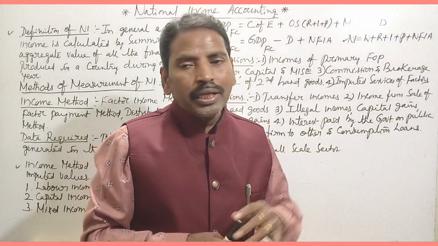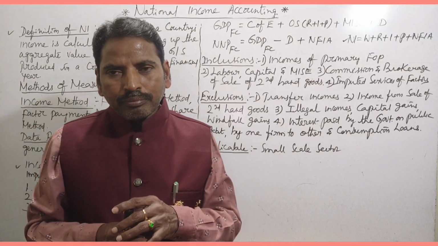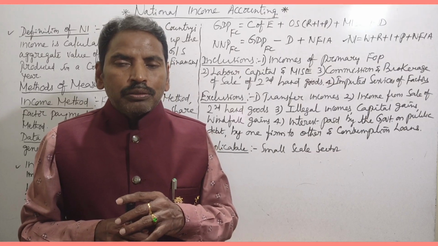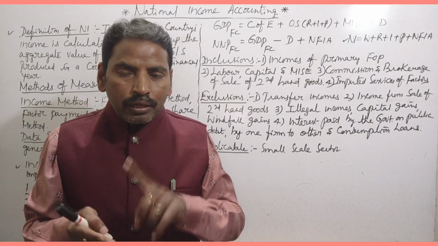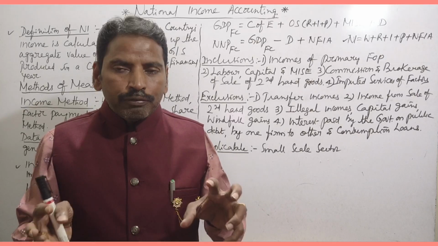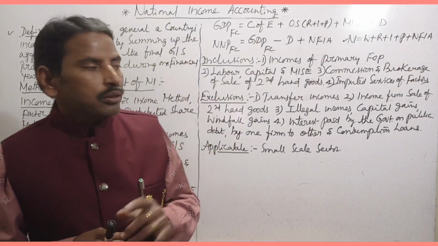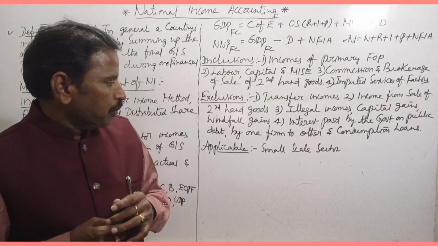Next, capital gains. Capital gains are the profits from the sale of assets: profit from sale of land, profit from sale of shares, profit from sale of debentures, etc. These are not taken into consideration.